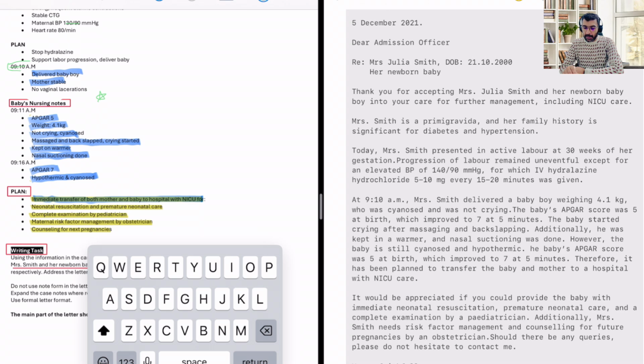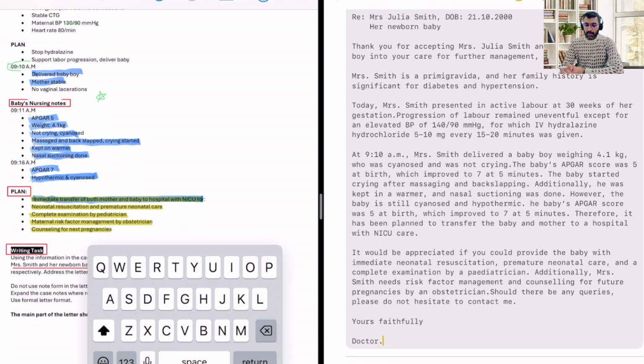Today, Mrs. Smith presented in active labor at the 30th week of her gestation. Progression of labor remained uneventful, except for an elevated BP of 140 over 90 mmHg, for which IV hydralazine hydrochloride 5 to 10 mg every 15 to 20 minutes was given. Then at 9:10 a.m., Mrs. Smith delivered a baby boy weighing 4.1 kilogram who was cyanosed and was not crying.